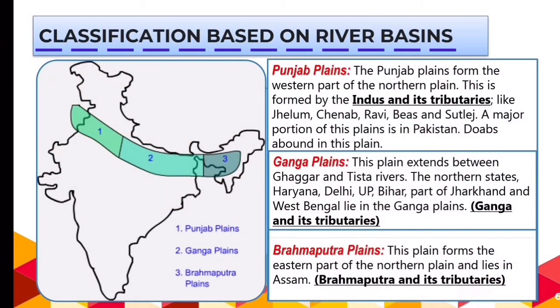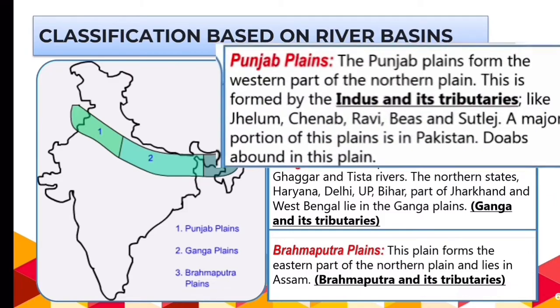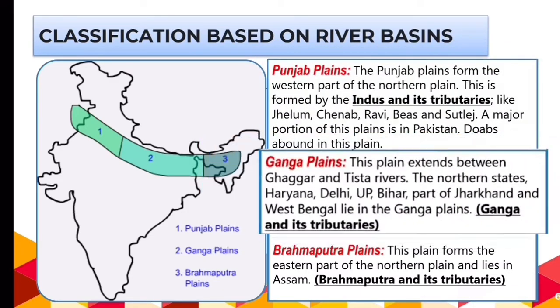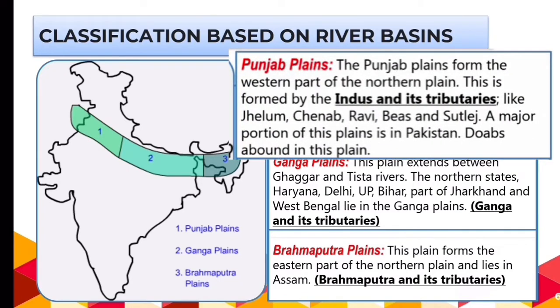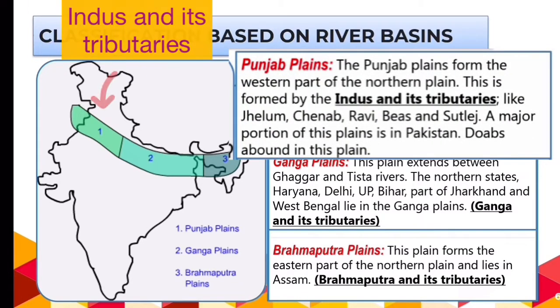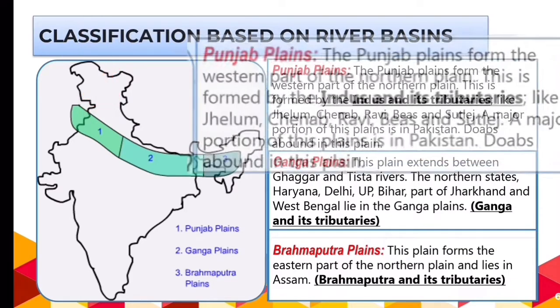Classification based on the river basins can be under three broad headers: Punjab Plains, Ganga Plains and Brahmaputra Plains. Punjab Plains are basically the sediment deposition caused by the river Indus and its tributaries. As you can see in the given map of India, the region is marked with number 1.